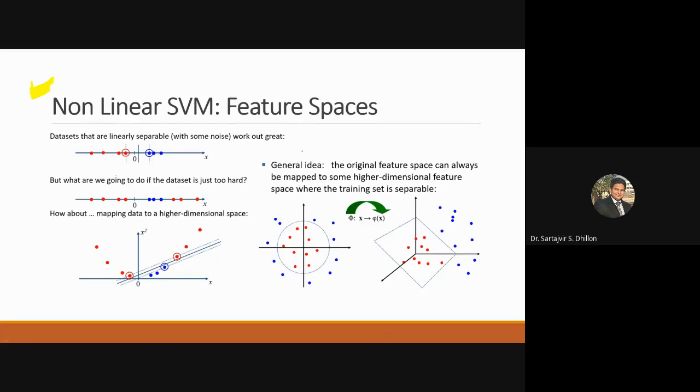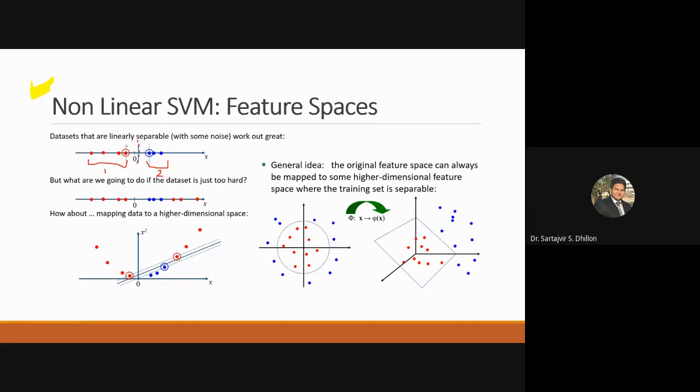This one is an example of a linear SVM. This is one class, and this is another class. Because there is no data point of class one here, we can easily differentiate these two classes by creating a hyperplane.